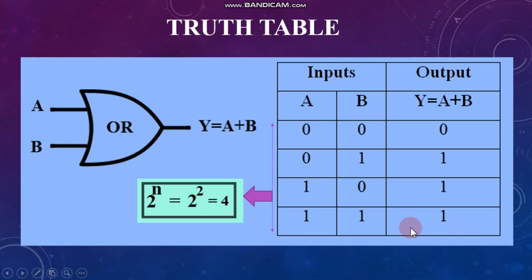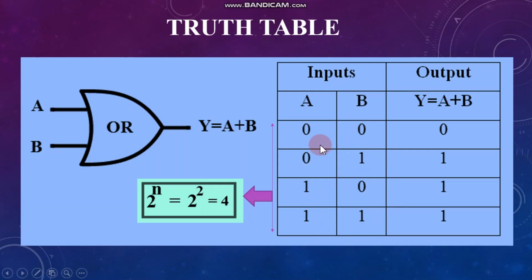Okay, I hope this truth table is very clear to you. In a truth table, we make column A and column B. How many combinations are to be made? We use the formula 2 raised to n, or 2 power n. Since here we have 2 inputs, we write 2 power 2. So 2 raised to 2 is 4, so we make 4 combinations.